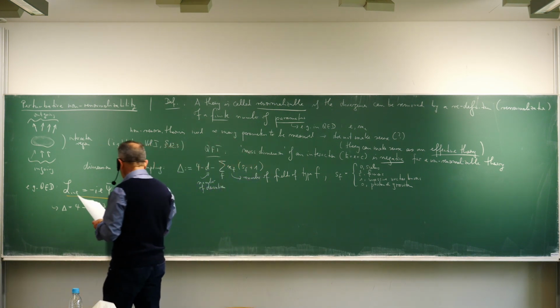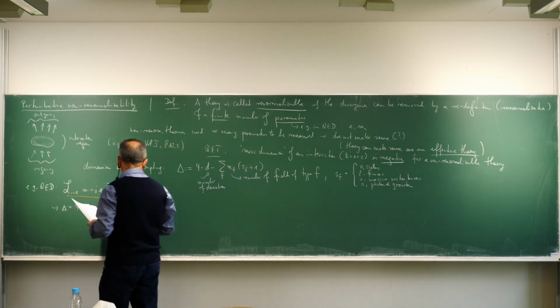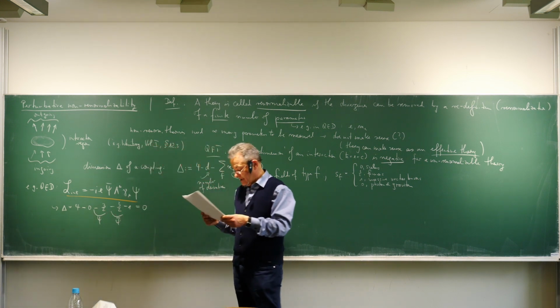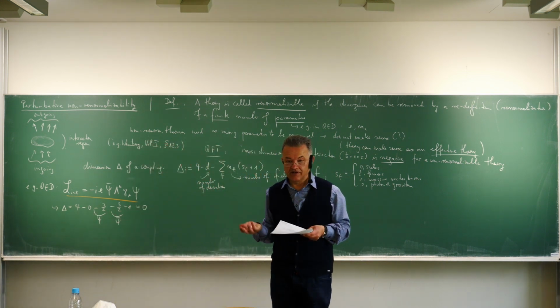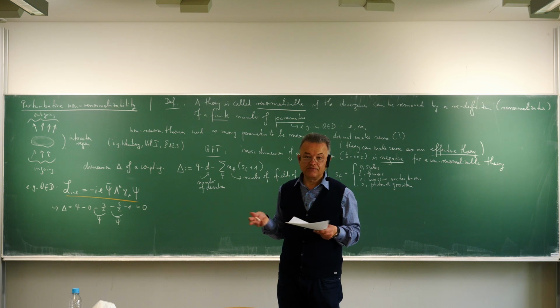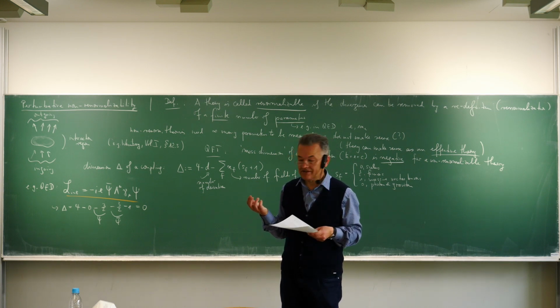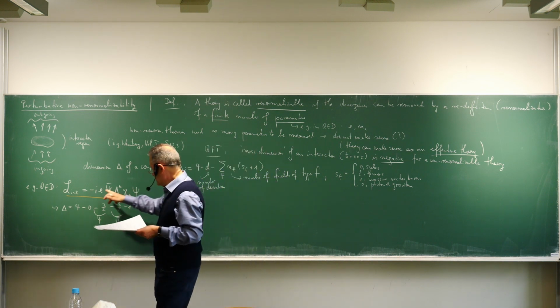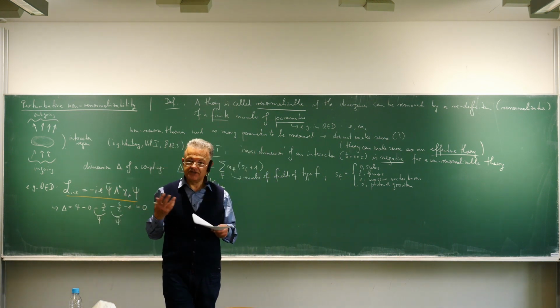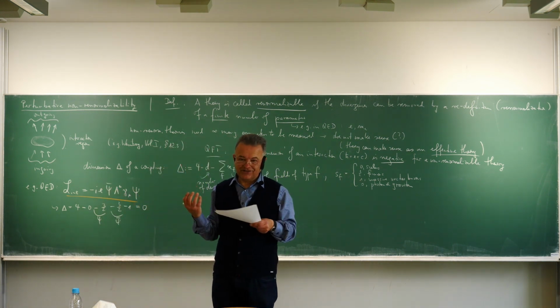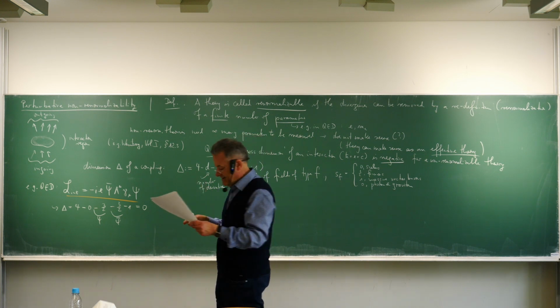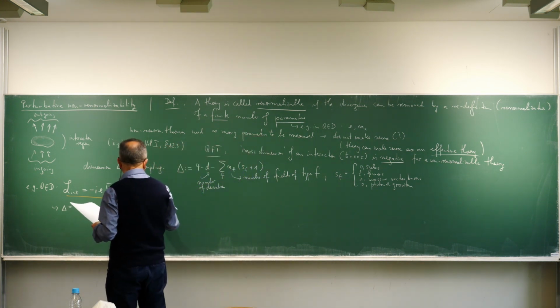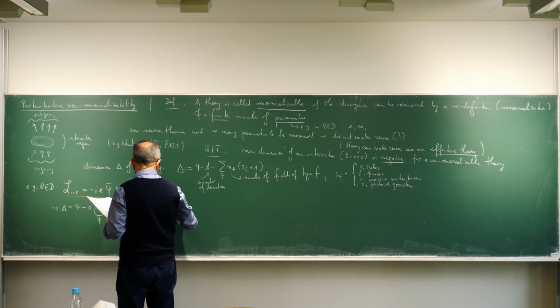So this is minus 1, and so this gives 0. Which means you have a vanishing mass dimension, stating that the coupling is dimensionless, and in natural units the electric charge, which is the coupling, is dimensionless.